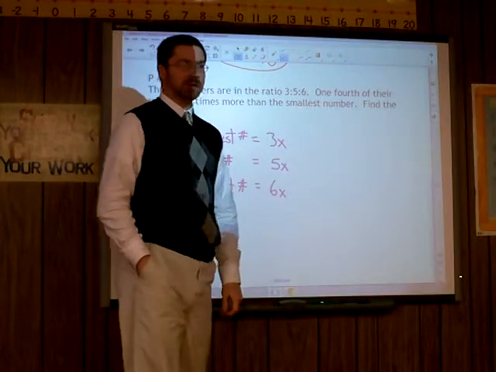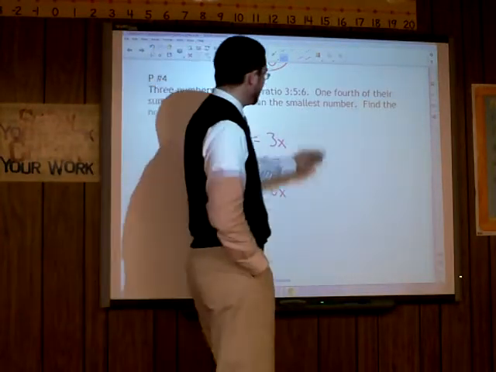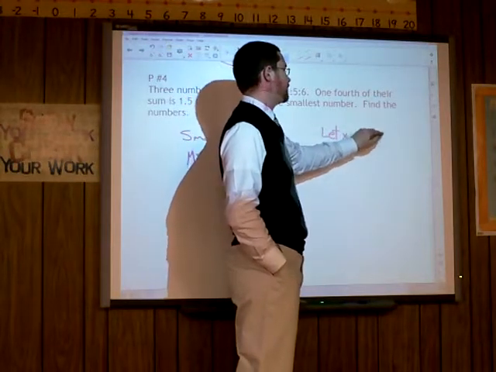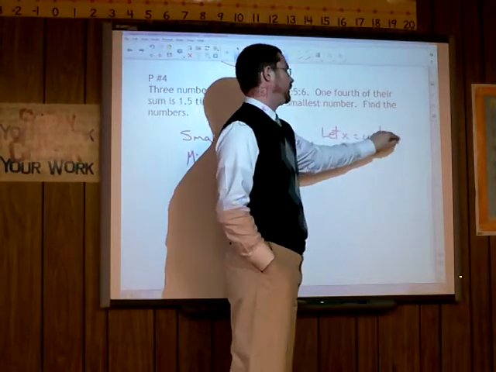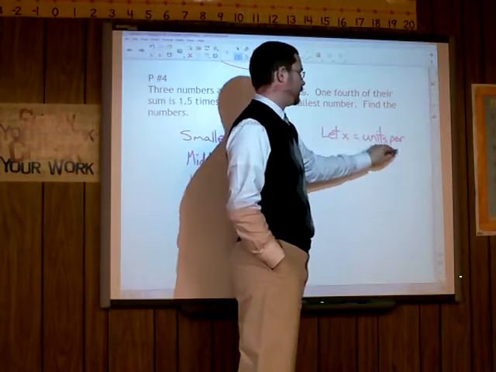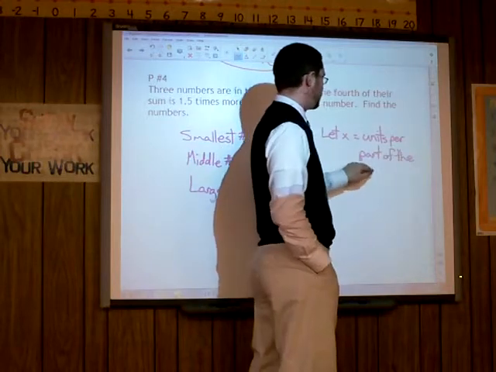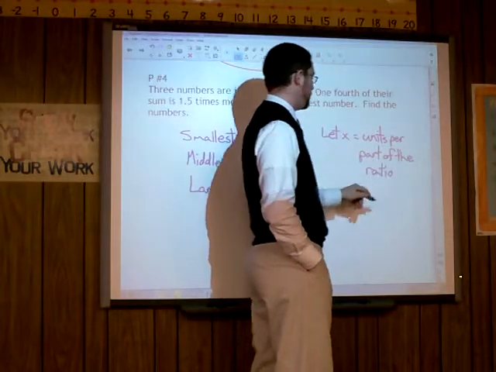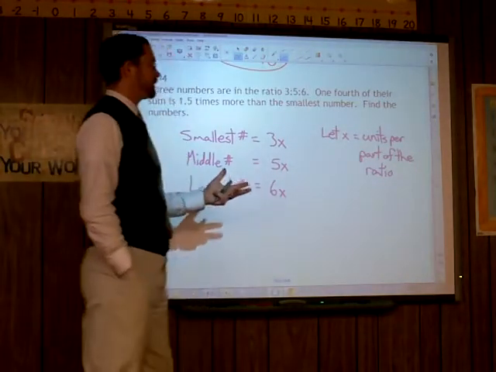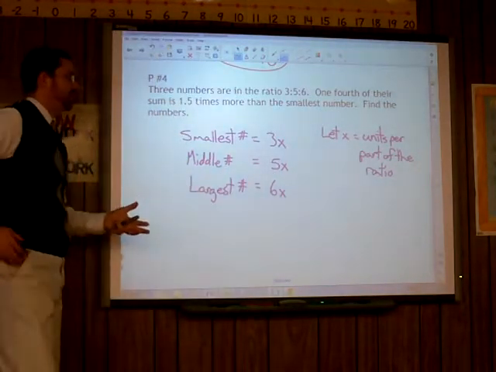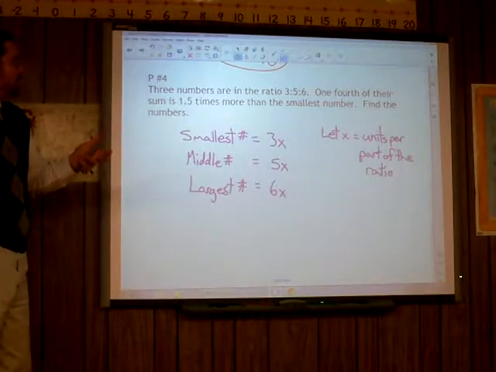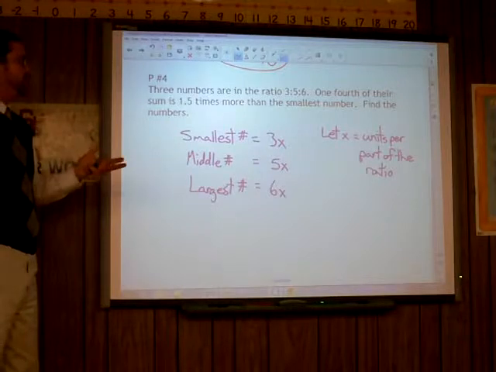Does that ring a bell now? Okay. And we'd be letting x equal the units per part of the ratio. Remember, this is in lowest terms. 3, 5, and 6 have that ratio, but if I added those, 14 is not 1.5 times as big as 3.